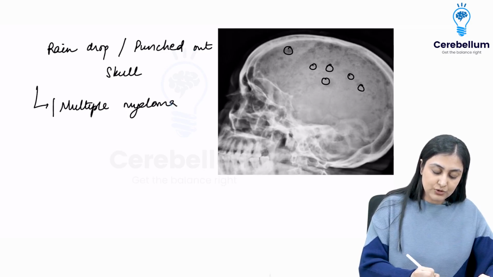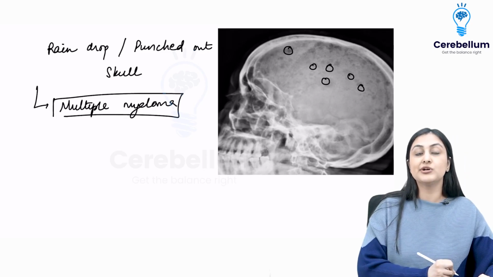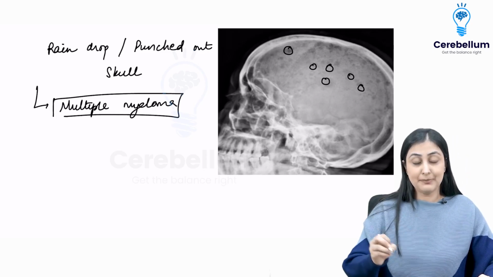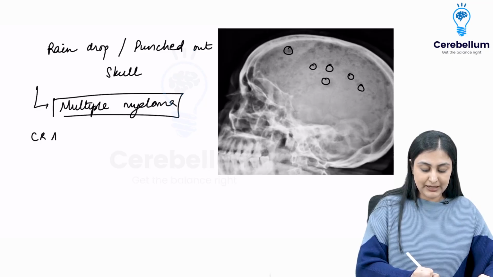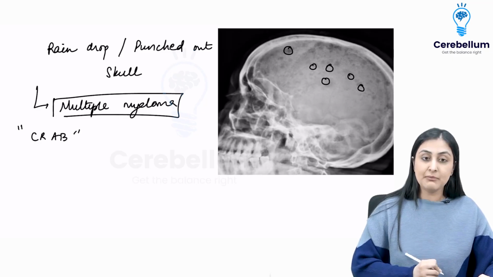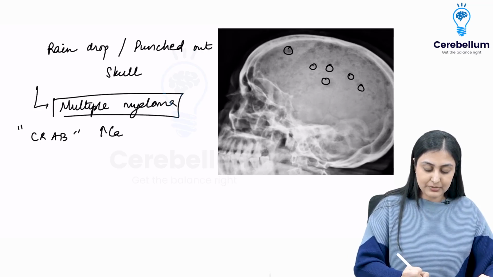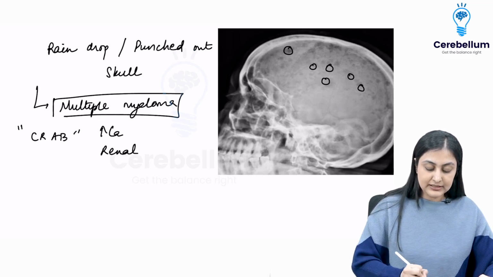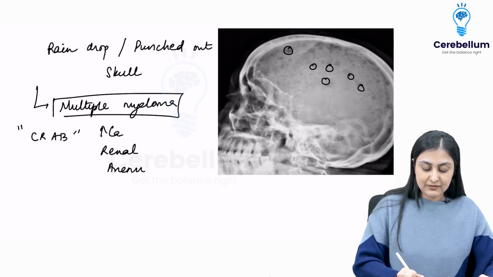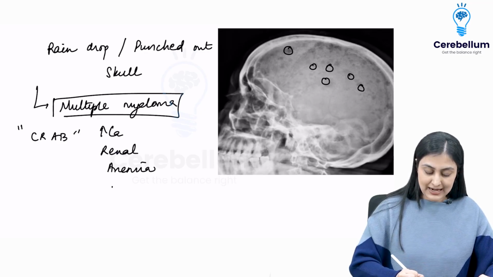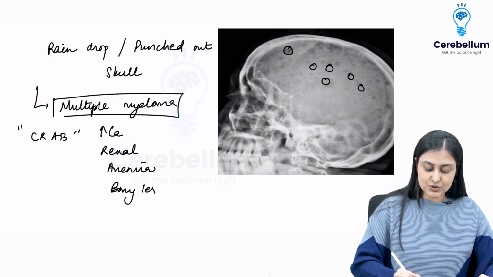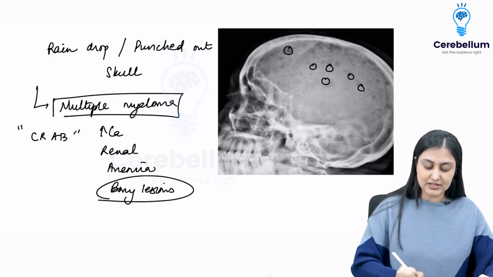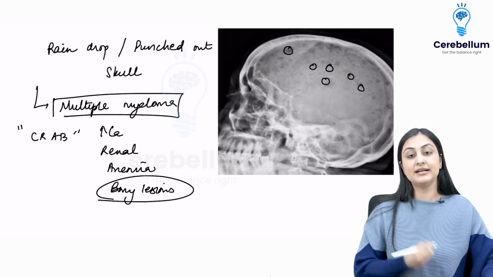So multiple myeloma is going to have these multifocal lytic lesions. In fact, in path we've studied that multiple myeloma will have the CRAB manifestation. So you'll have hypercalcemia, renal failure, anemia, which is of chronic disease, and bony lesions, right? So these are the bony lesions, which are these multifocal lytic lesions.